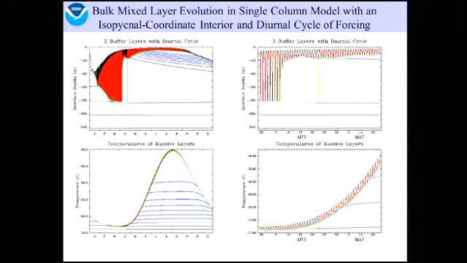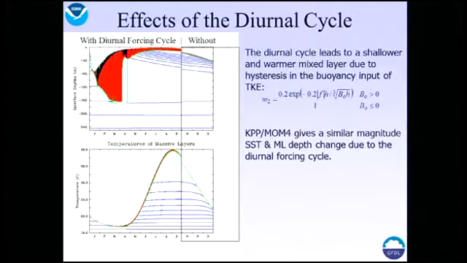Now it turns out that because of that difference between when you heat at the surface, you have to do all of the work to mix that energy down. When you cool at the surface, you only get 20% of the released energy back. There's a hysteresis. And what that means is that you end up with a systematic difference between two cases. This is an overlay of two figures.